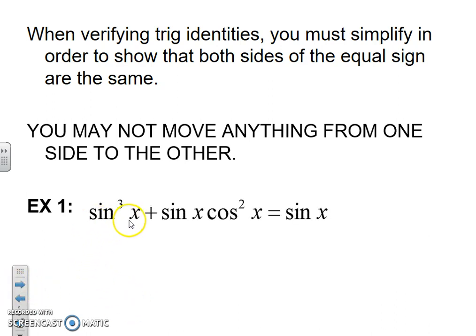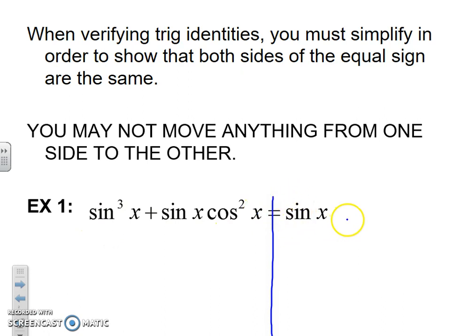So we have sine cubed x plus sine x cosine squared x equals sine x. What we're going to do here is simplify so that both sides of the equal sign are equivalent. Obviously, on this problem, we need to work on the left-hand side because it is much more complicated.